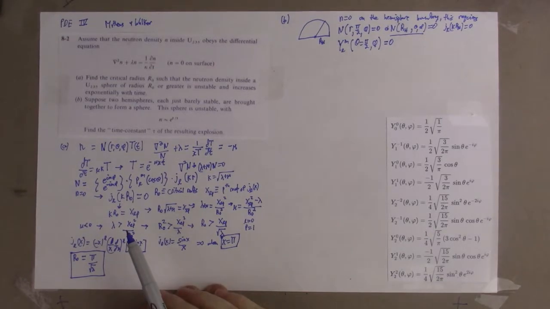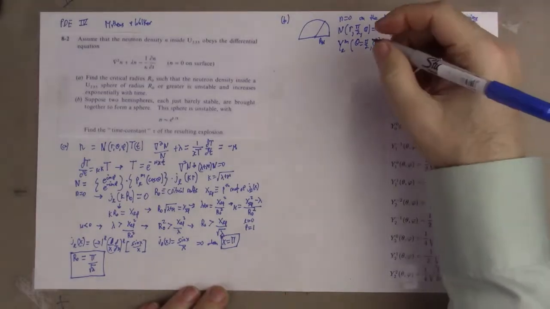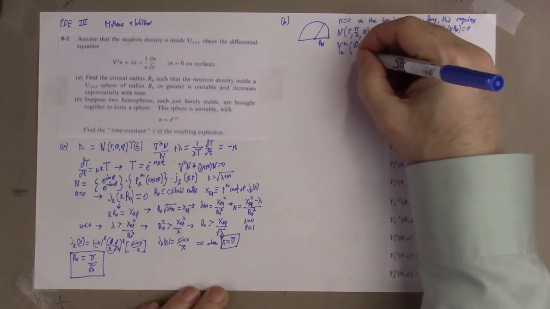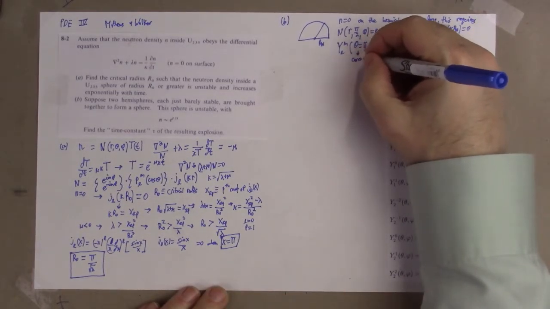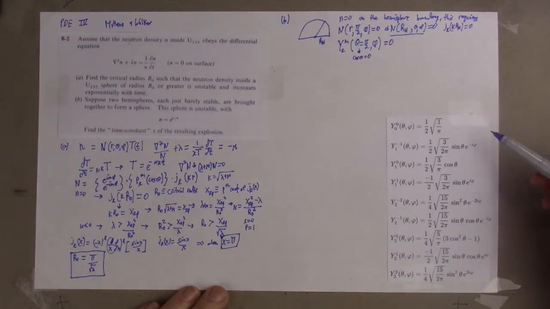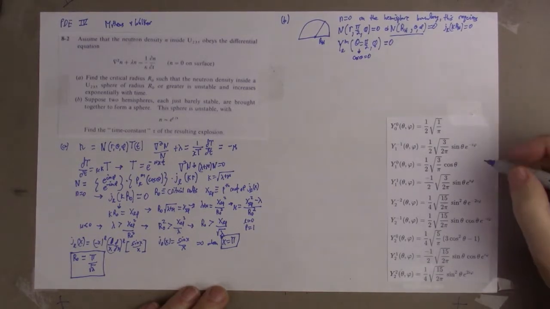Now, to solve this, the easiest way to do it is to just look at a table of spherical harmonics. I just took this from online. And you can see when theta equals pi over 2, by the way, this implies that cosine theta equals 0. So if you look at the first few spherical harmonics, you can see that this is the one.